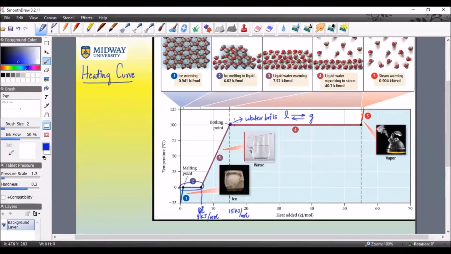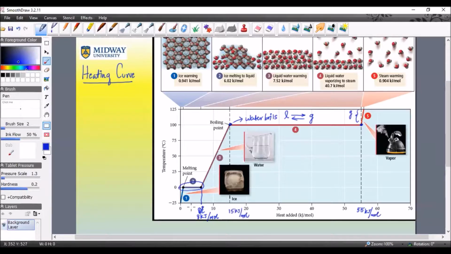And between 15 you needed almost 55 kilojoules per mole, right? This is the point after which it's purely just gas, or steam if you're heating water. If you're heating some other liquid, you may not always get steam. It's just pure gas, right?